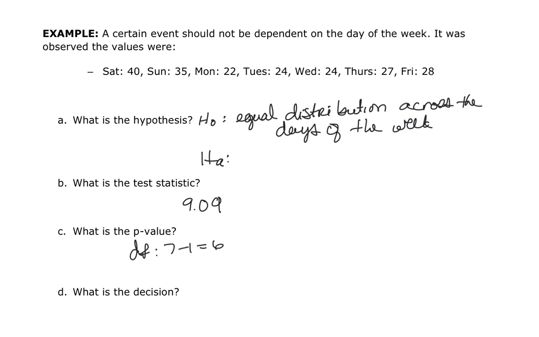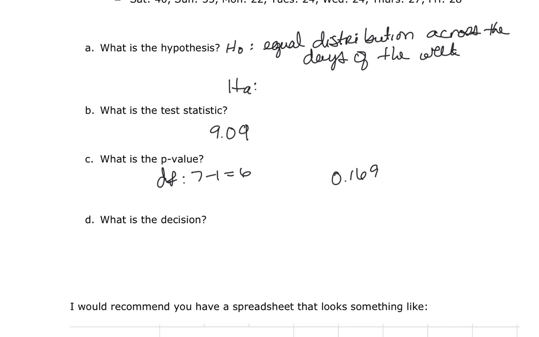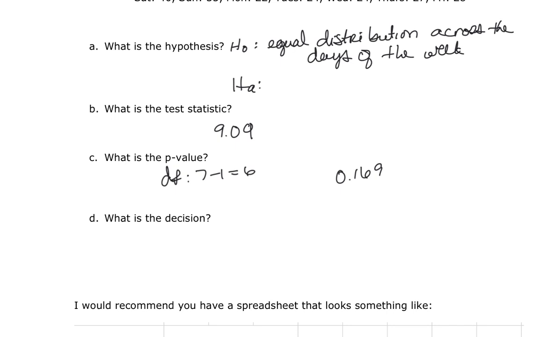And so my p-value is 0.169. Now my decision is that at a 5% level of significance, the sample data, there is sufficient evidence to conclude that a certain event that we were looking at has an equal distribution across the entire week.